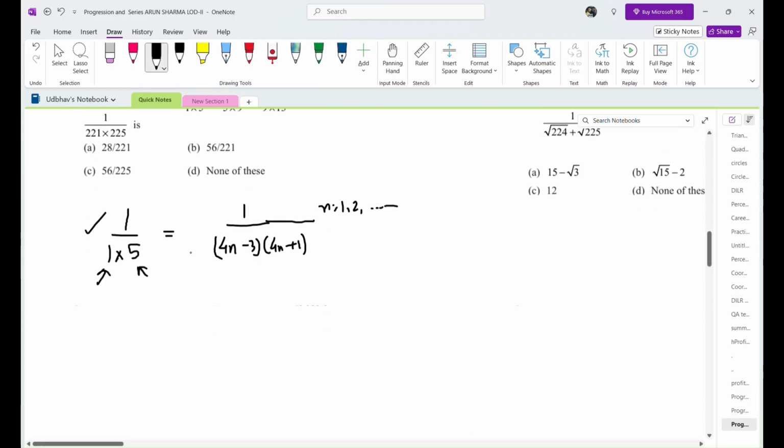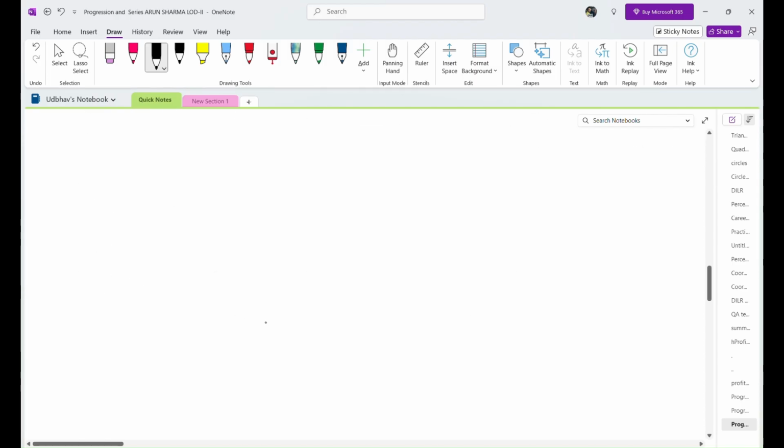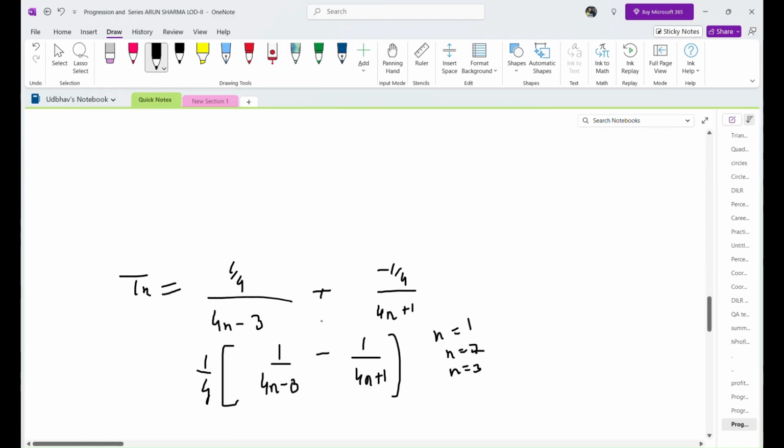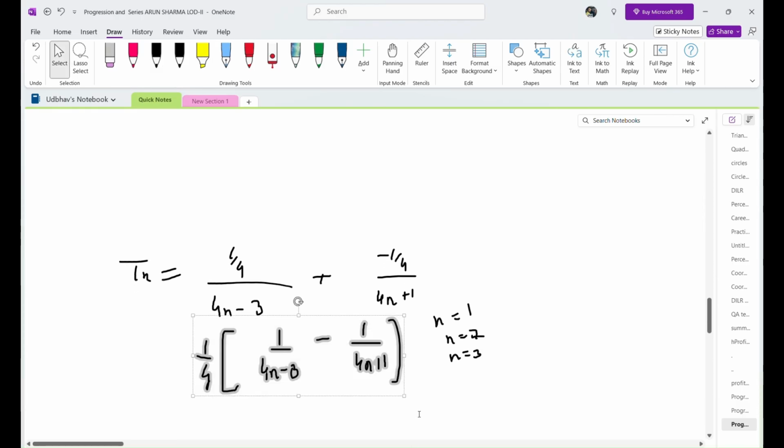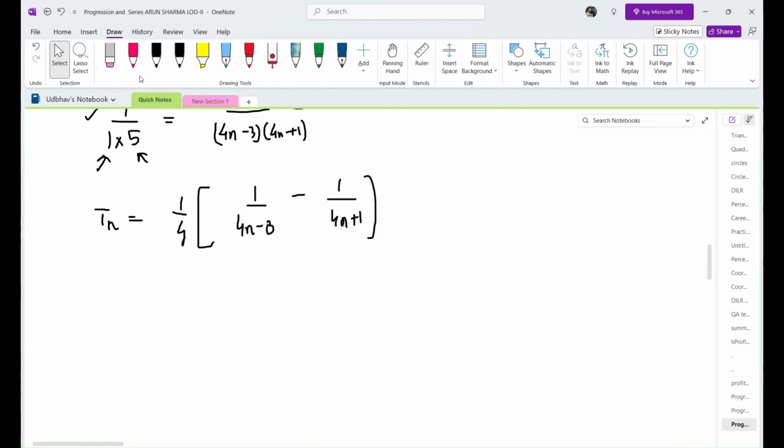I'm directly going to write the partial fraction now. What was the Tn we got? We got it as this, right? So now we can again put the value of n equals 1 here.